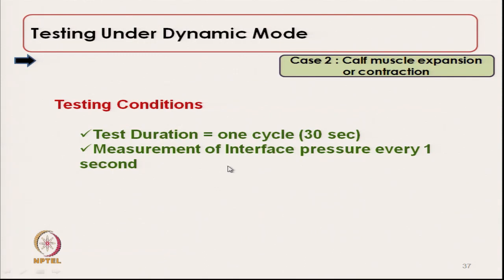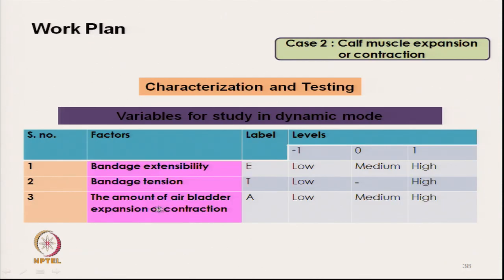Measurement of interfacial pressure is done every 1 second. Along with the bandage extensibility and bandage tension, there are 3 levels of air bladder expansion and contraction: lower level, medium level and higher level. This is shown with the term A.